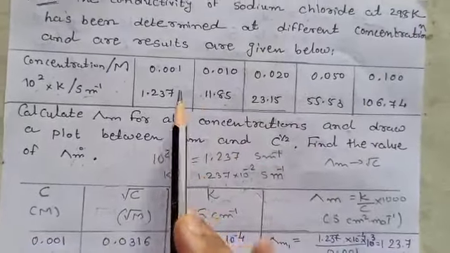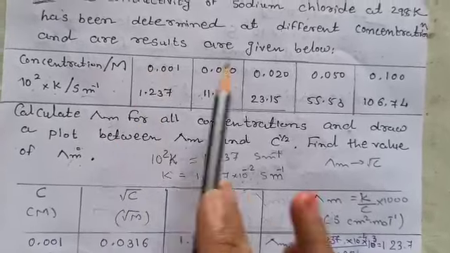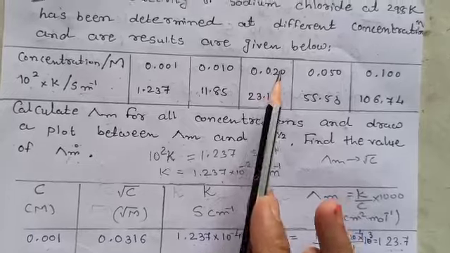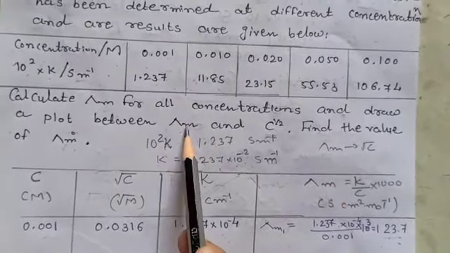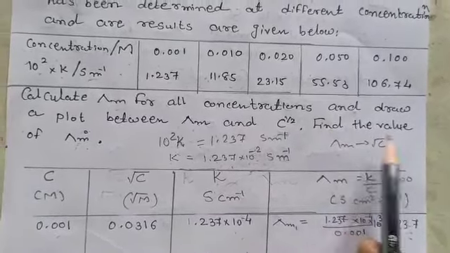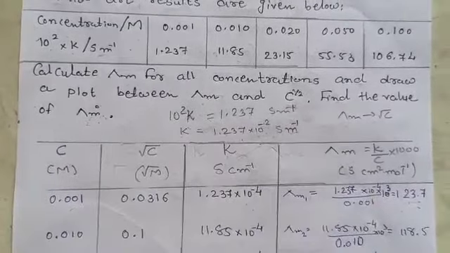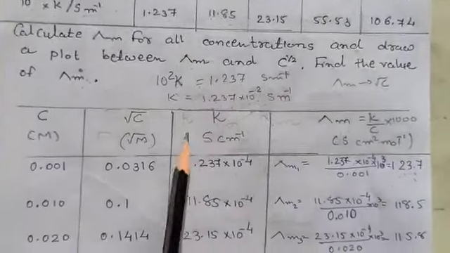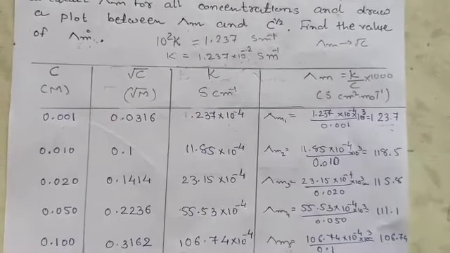From this table we have to calculate the molar conductivity for all values, and we have to plot a graph of lambda m versus root c, and we have to find lambda m naught, means the molar conductivity at infinite dilution.